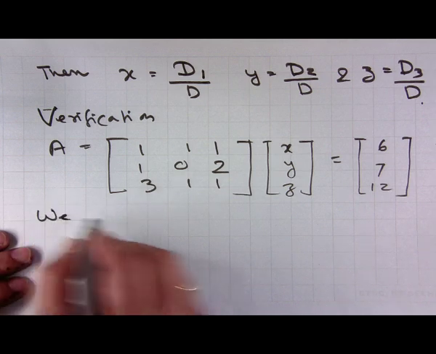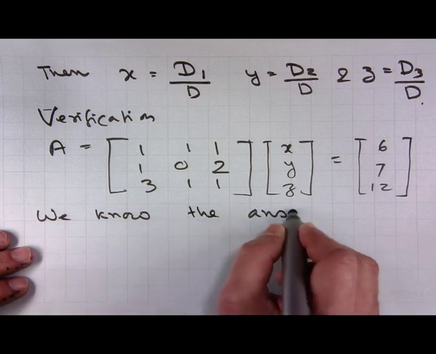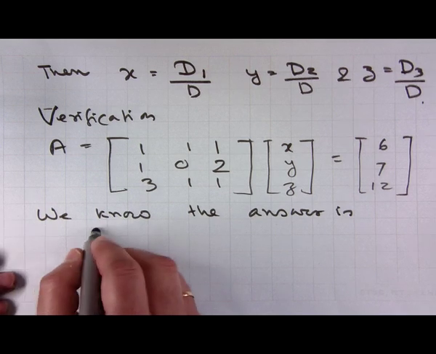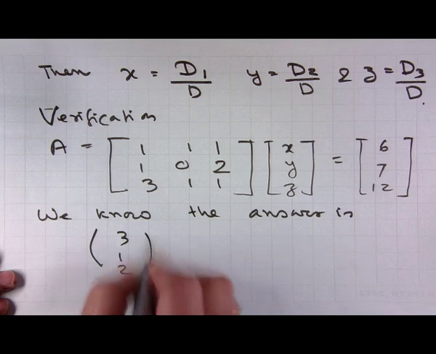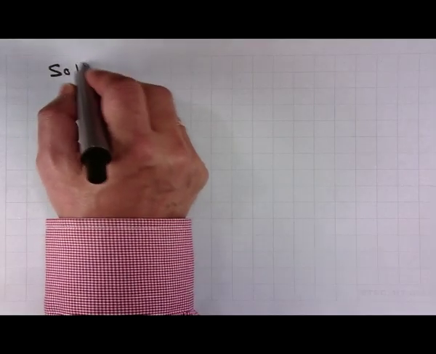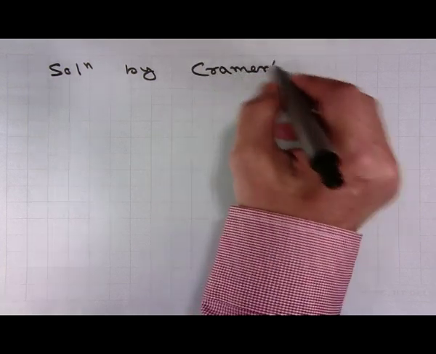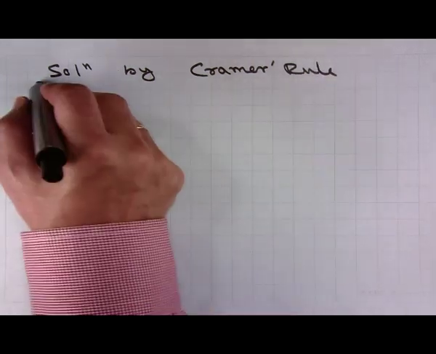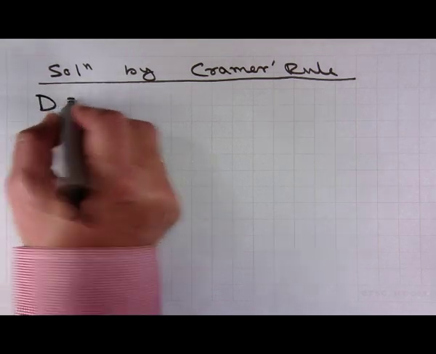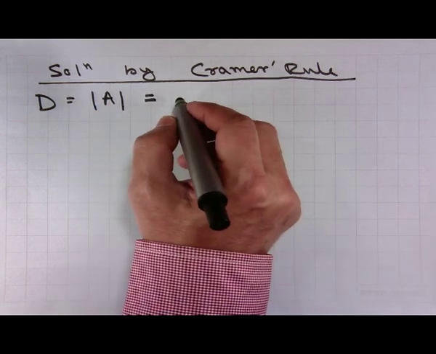We knew the answer is 3 1 2. So, we solve it using Cramer's rule. We know D is equal to determinant of A is equal to 4.